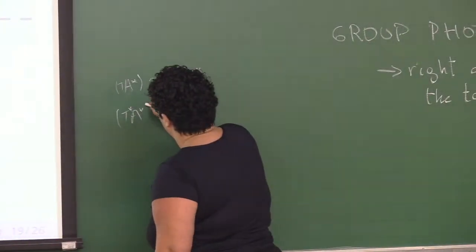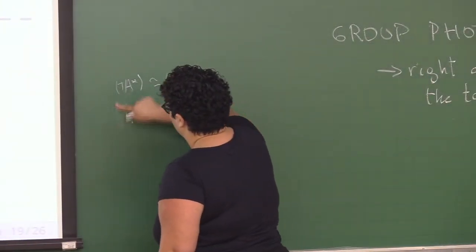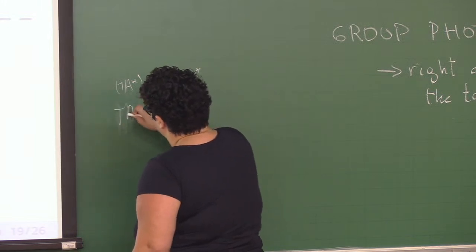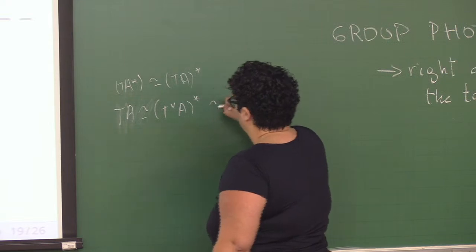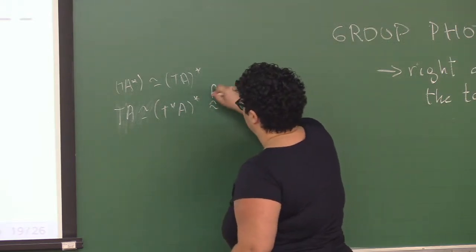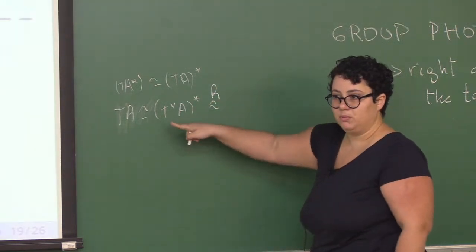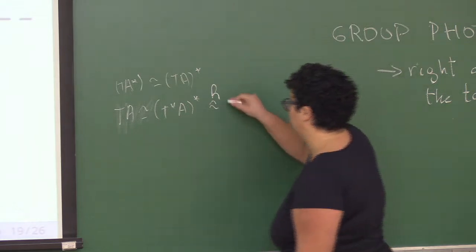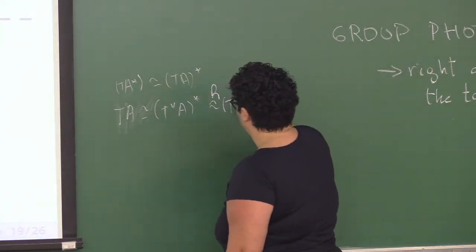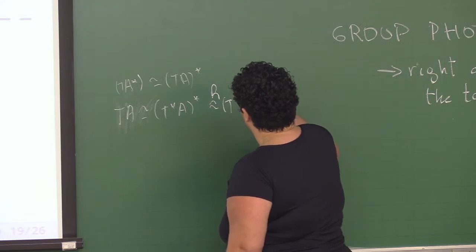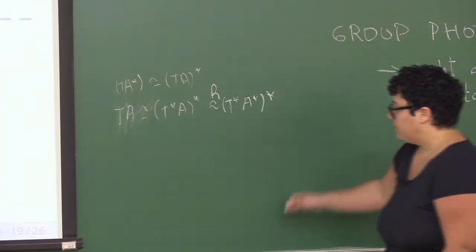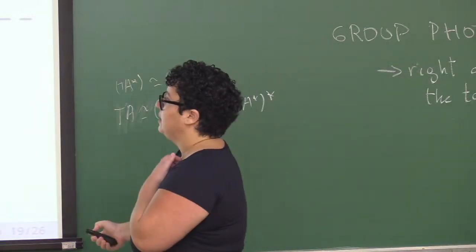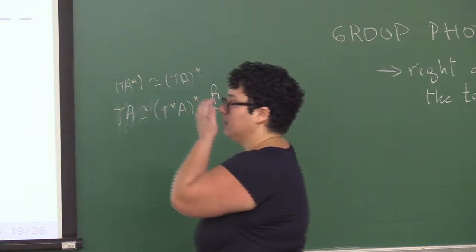Here is a map by Mackenzie. So we do these identifications, and we can define this relation here.